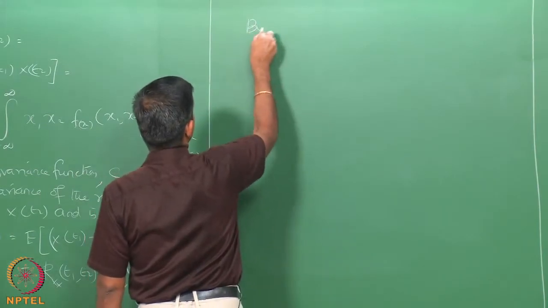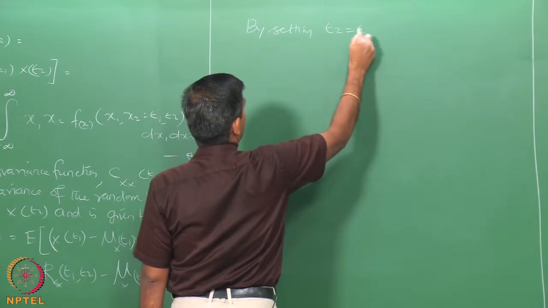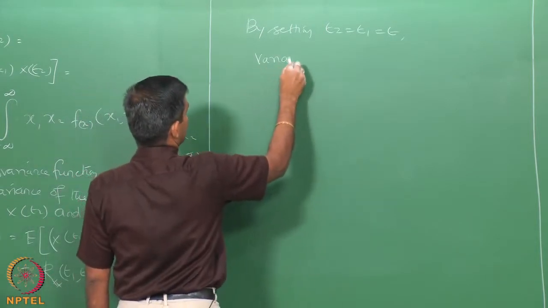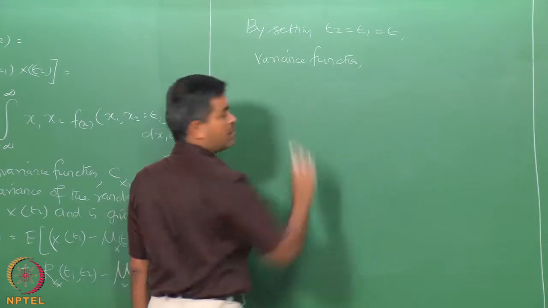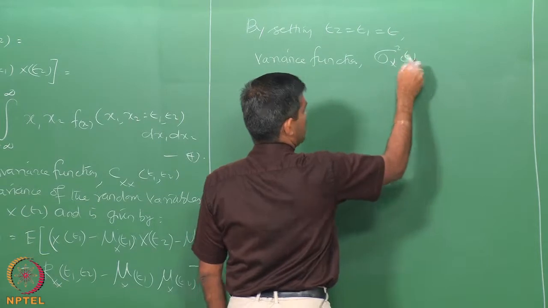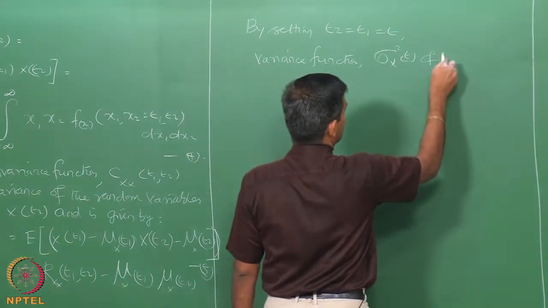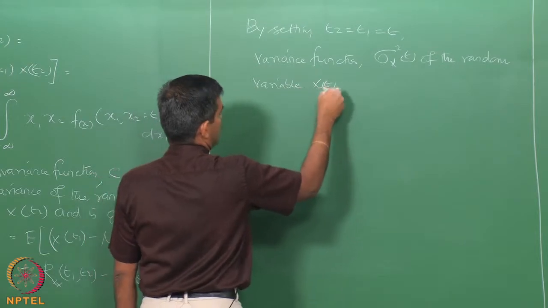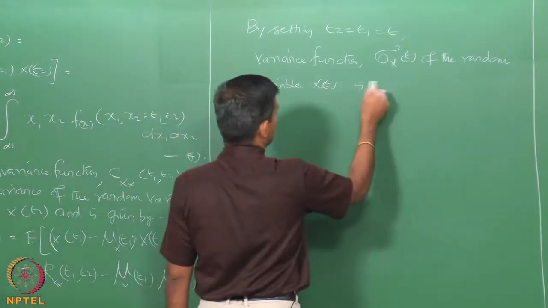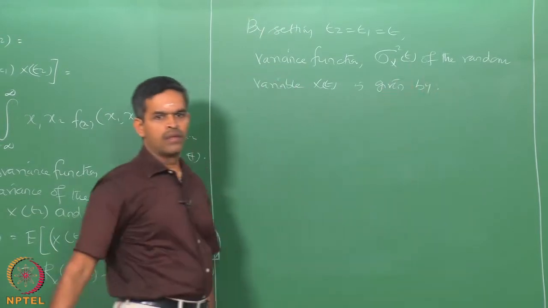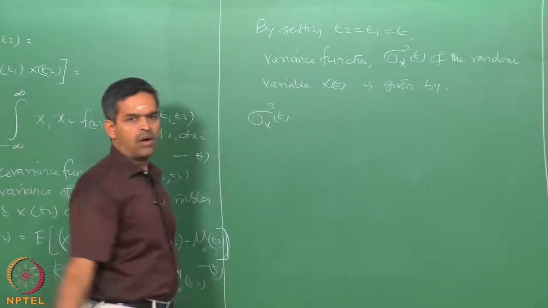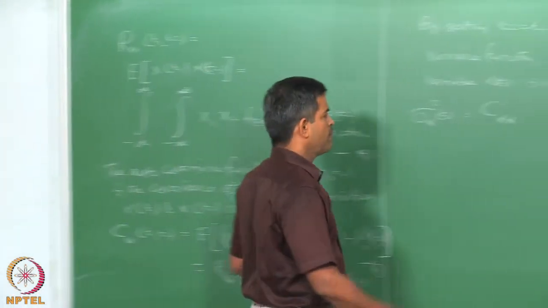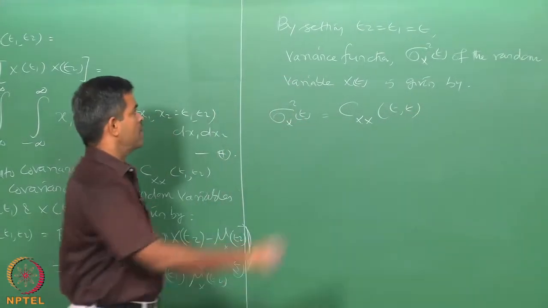Now, by setting t2 equal to t1 as t, the variance function, which is sigma_x squared of t of the random variable X(t), is given by the autocovariance function, which is now going to be t comma t, because I am now setting t1 and t2 as t.